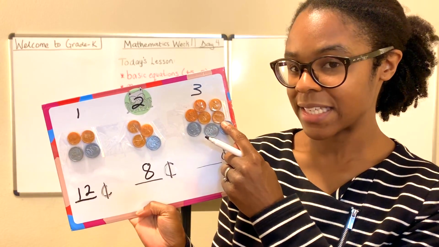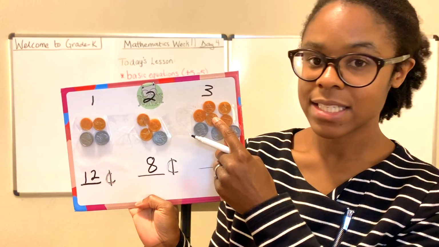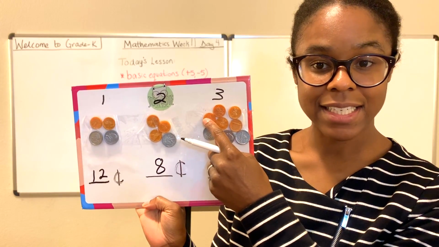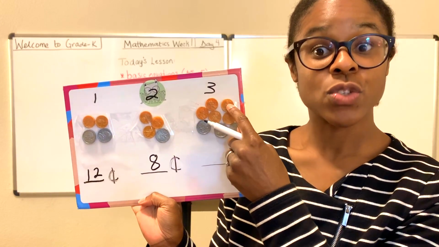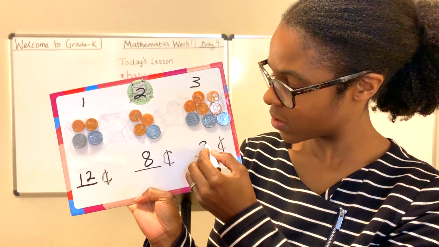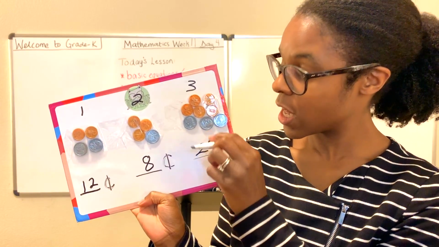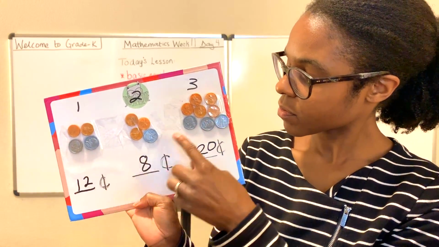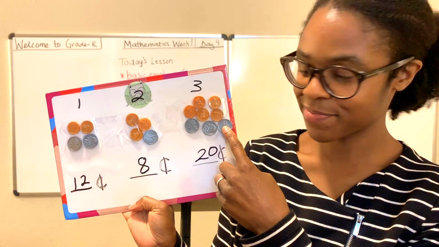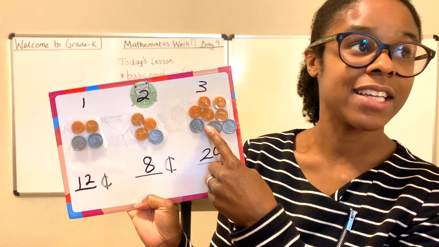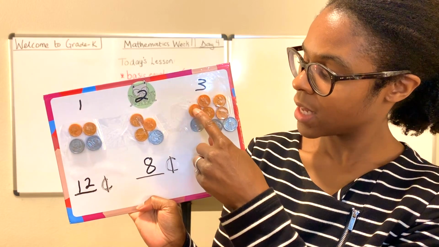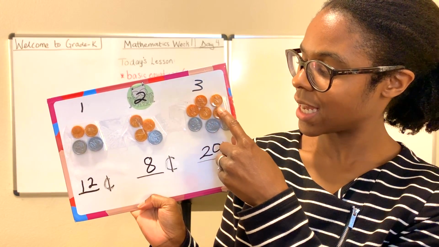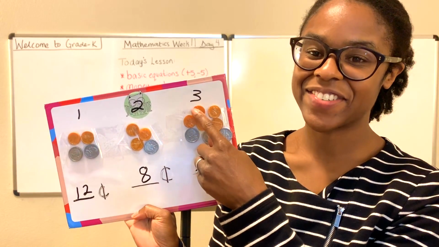Now let's add the pennies. 16, 17, 18, 19, 20. Wow, this is worth 20 cents. Let's count that one again. Are you ready? 5, 10, 15, 16, 17, 18, 19, 20.